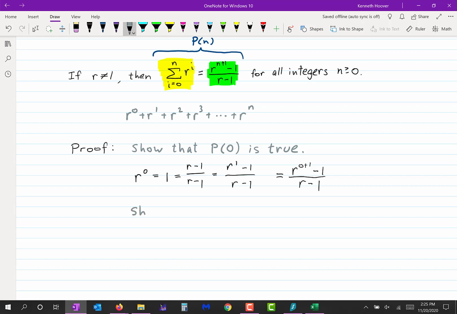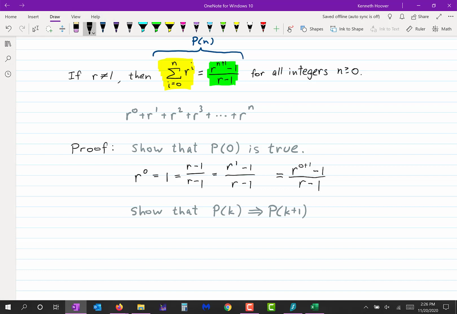Okay, the second phase of the proof is to show that p of k implies p of k plus 1, where k is any integer equal to or greater than 0.